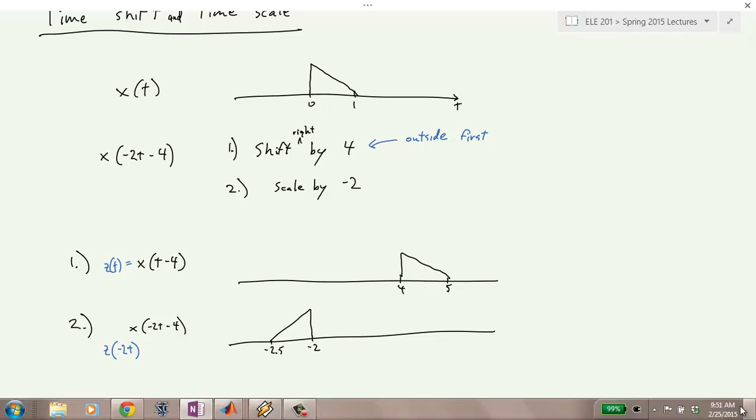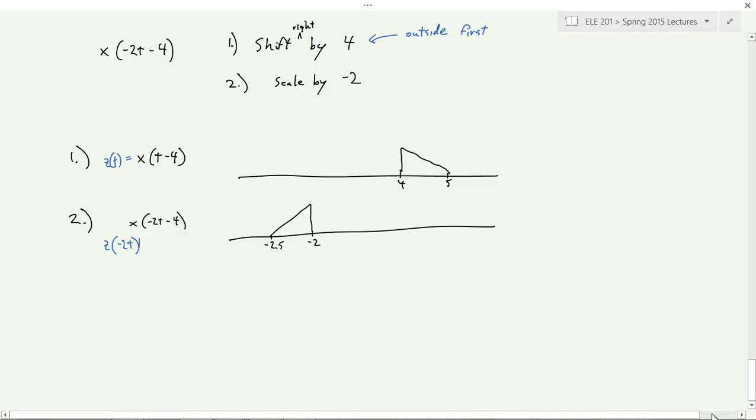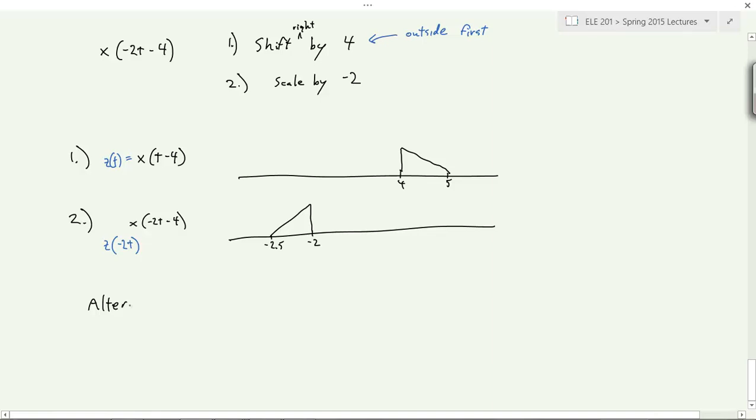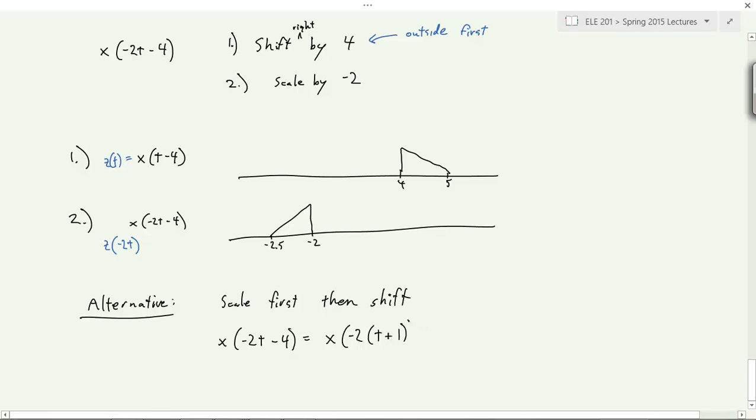Now, let me say one thing. There is an alternative way to do this same thing. You could do it in the other order. You could do scale first, then shift, but the scaling and shifting would be different. We'd have to write, notice x of -2t minus 4 equals, I could do a factoring here, x of -2(t plus 2).